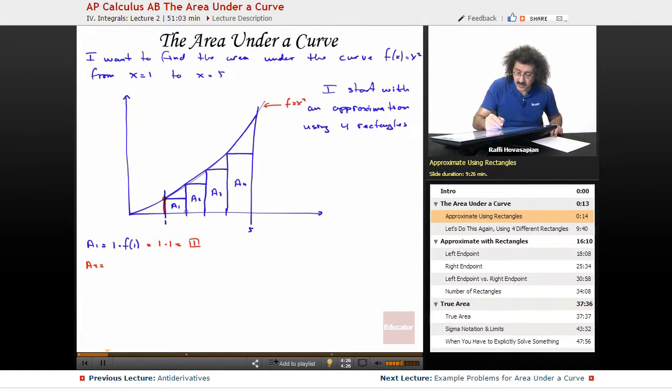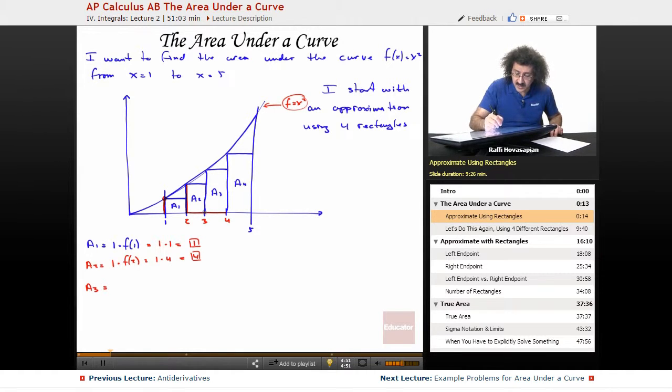Well, my area 2 equals 1, which is the base, times f of 2. This is 3, this is 4, this is 5. So this is going to equal 1 times f of 2. Well, f of 2 is 4. So it's going to be 1 times 4, which is 4. My third area is going to be this one right here.